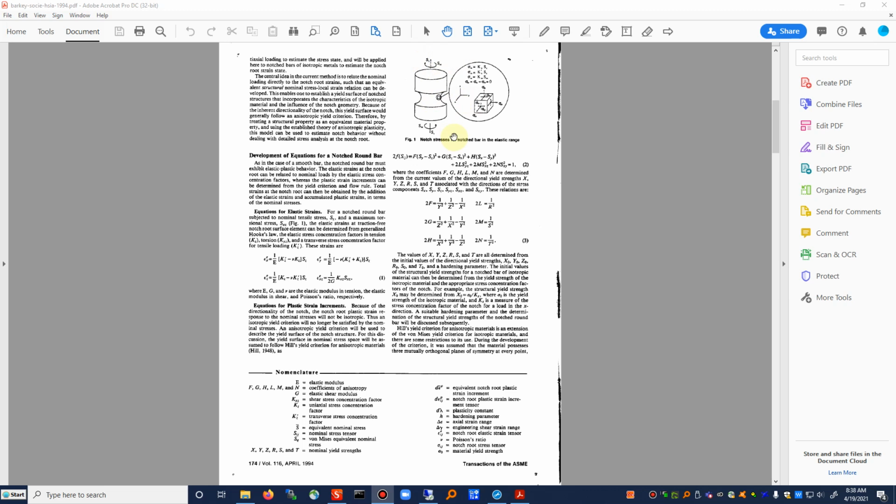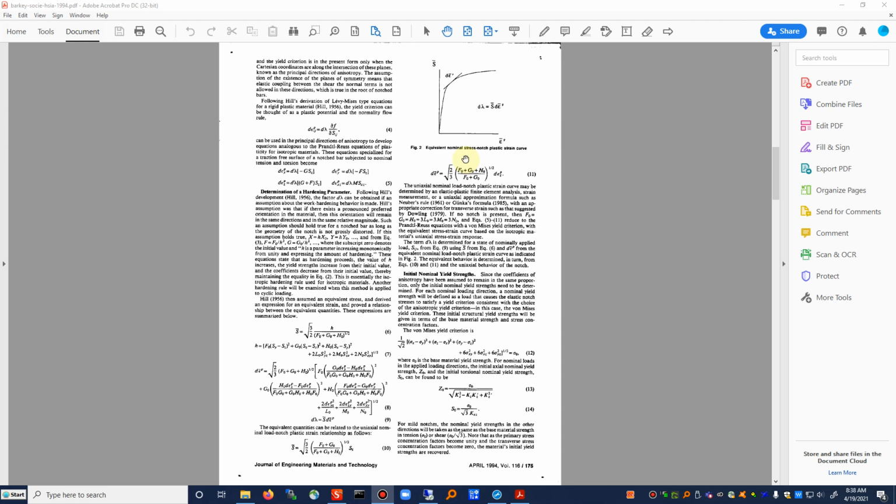The one that I chose was the simplest one for the job, Hill's criterion, looking at these different coefficients of anisotropy based on the different strengths. Basically what I was able to show is that these depend on the different stress concentration factors at the notch.